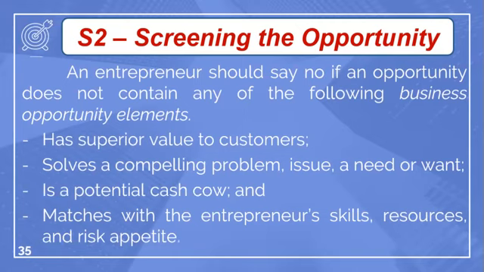And if you cannot take risk, or it is beyond your risk appetite, you also have to eliminate it. So those are the different factors that you need to consider when you are selecting and eliminating the opportunities that you have seen in the first step.